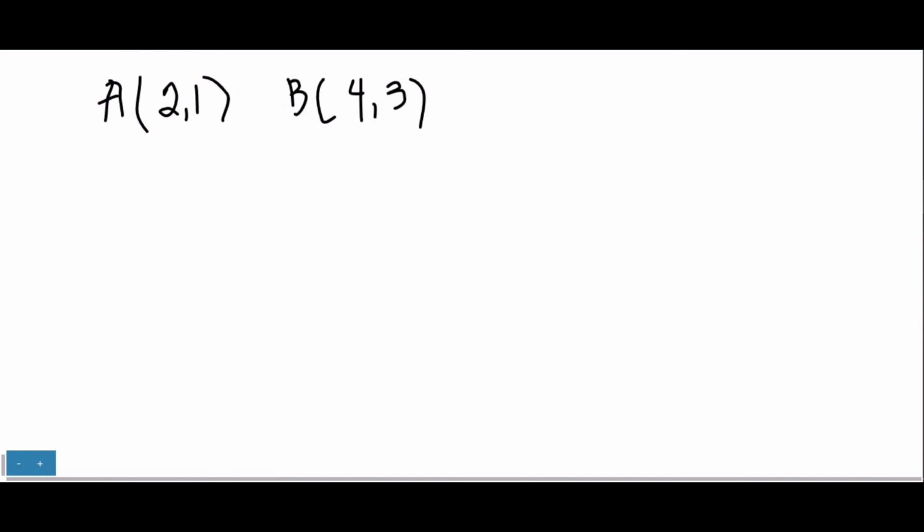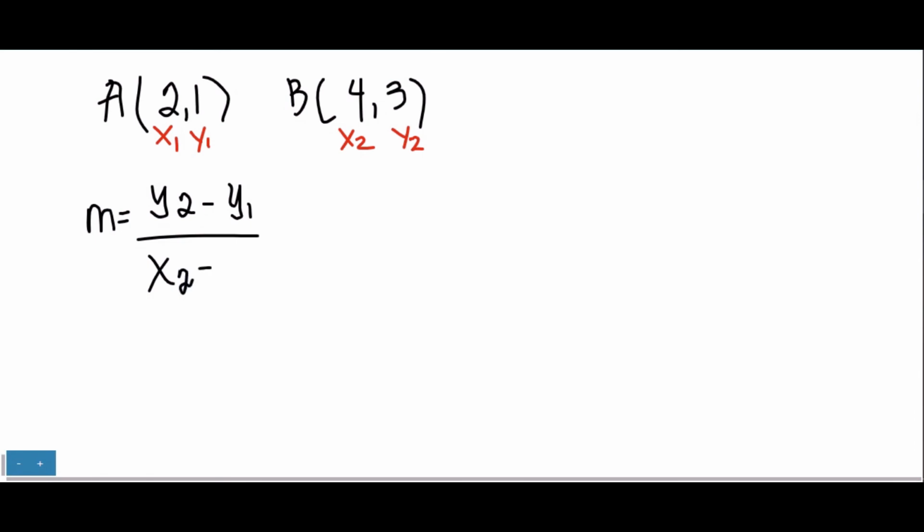Let's assign this as x sub 1, this as y sub 1, this as x sub 2, and this as y sub 2, which will lead us in answering using our slope formula. So we need to assign which will be our x sub 1, y sub 1, x sub 2, and y sub 2.